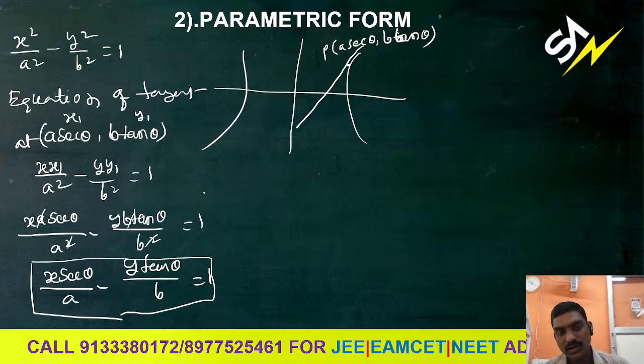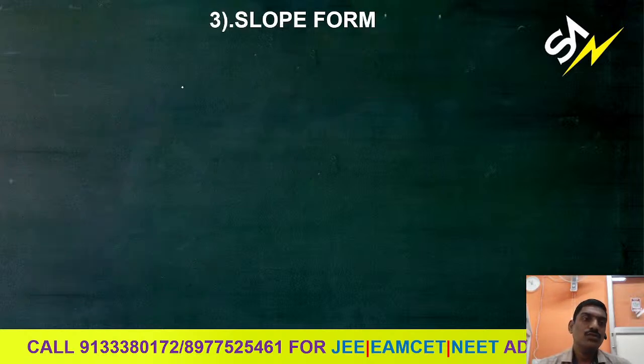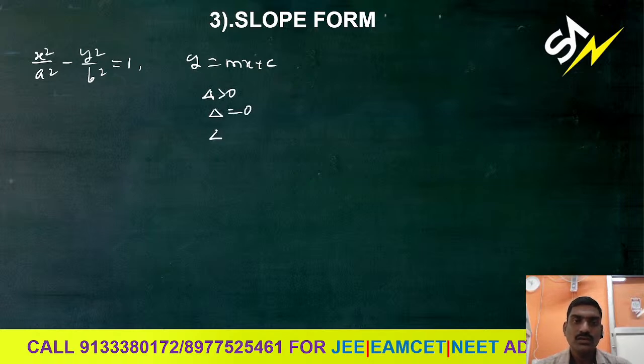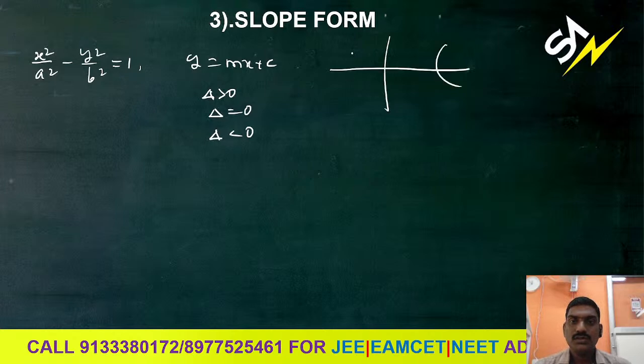Clear? Okay. Next one is slope form. Already x square over a square minus y square over b square is equal to 1 and y is equal to mx plus c. Here we have three different cases: delta greater than 0, delta equal to 0, delta less than 0. Suppose if delta is greater than 0, the line is outside. If delta is equal to 0, the line is on the hyperbola. If delta is less than 0, the line is inside. So the middle case, delta is equal to 0.